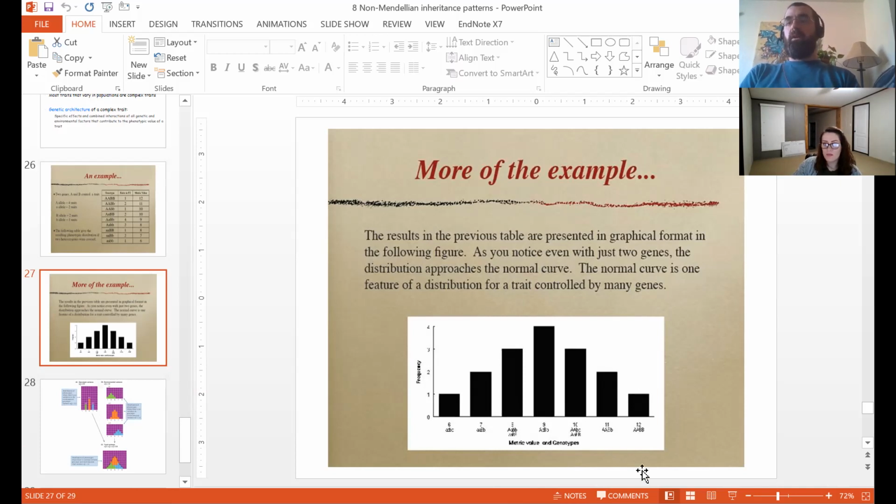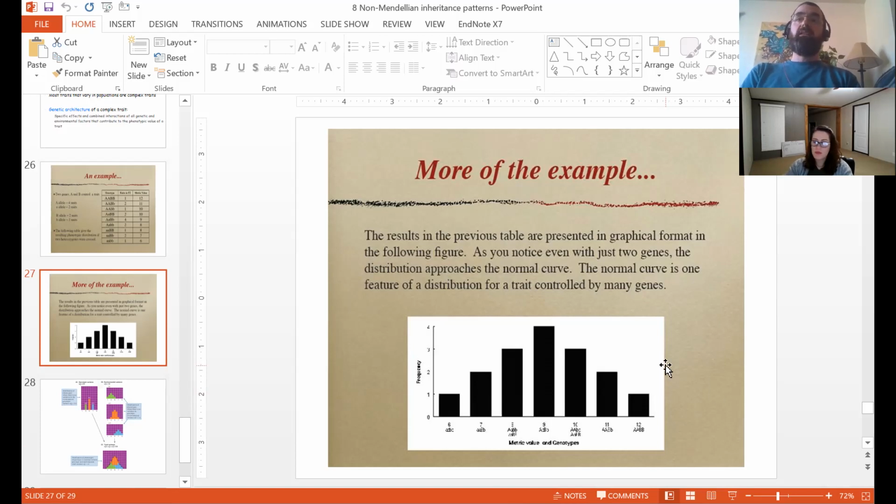I'm one of those over there because I'm somewhat taller than average. And there are some individuals over here, but most individuals will be somewhere in between. That's that classic bell-shaped curve of a normal distribution.